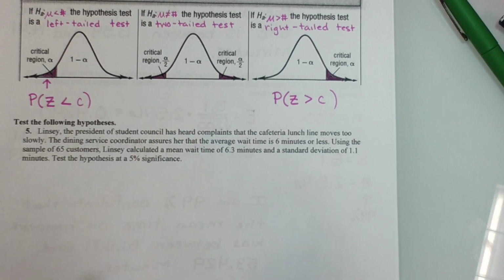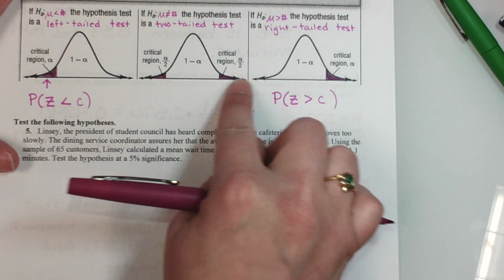But when it's in a two-tailed test, your significance level gets cut in half. Part for down here, part for up here.